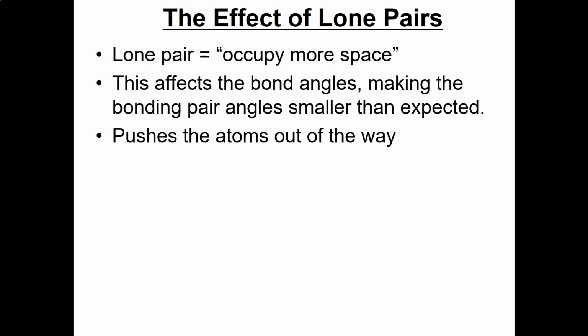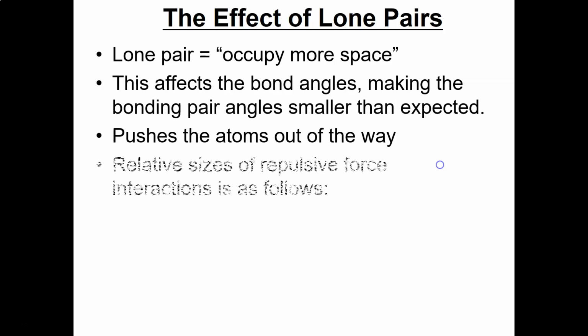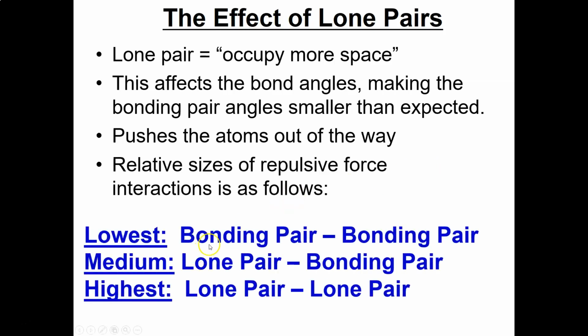So if it normally had bond angles of 90, maybe it has a little bit less than that now, right? So the lowest amount of repulsions, we'll kind of go from small to big. If we have a bonded pair of electrons compared to another bonded pair, that's a smaller amount of repulsions than if you start adding lone pairs.